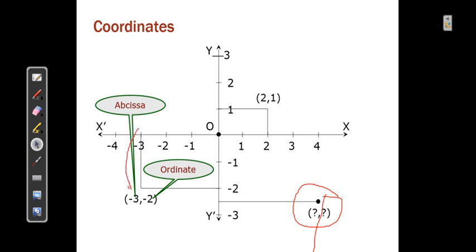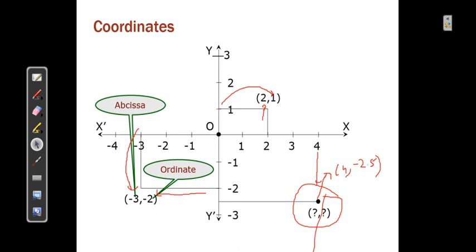Here x coordinate 2, here 1. So what will be the location of this point? Yes, for this, x coordinate is 4 and y coordinate is -2.5. Like this you have to move. Now we move ahead.